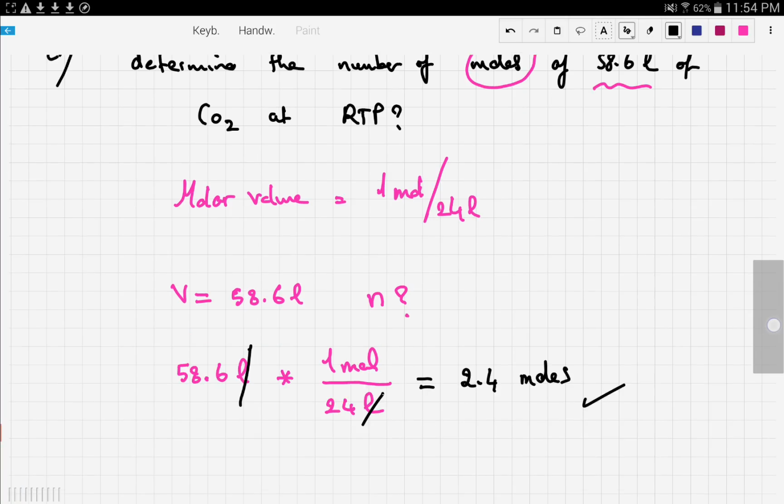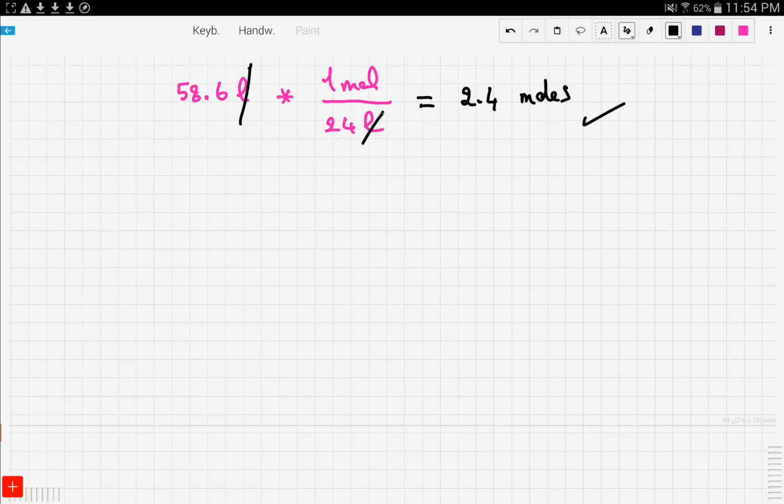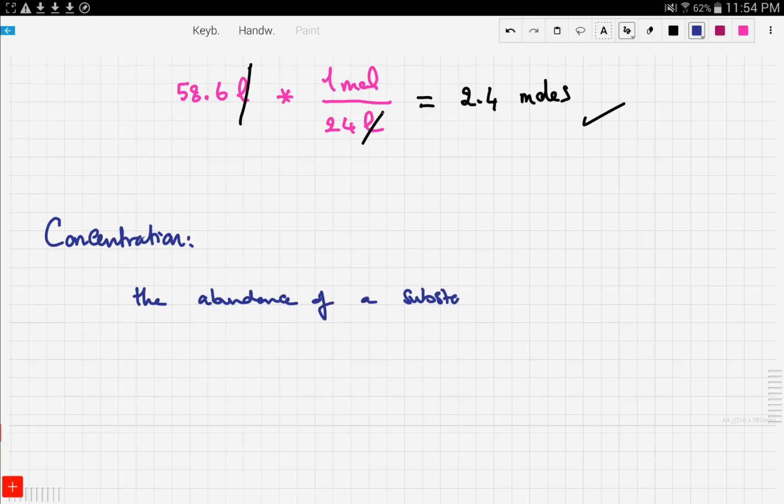Now, let's move on to something we use in chemistry very frequently, and that is concentration. And concentration is basically the abundance of a substance divided by the total volume of the mixture.